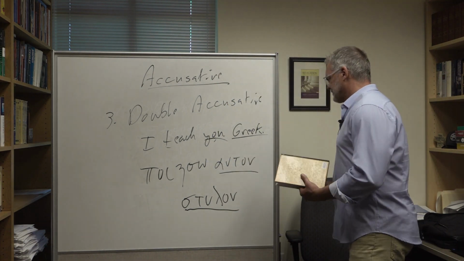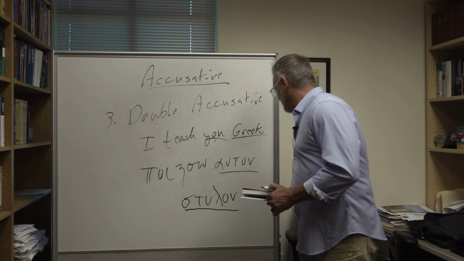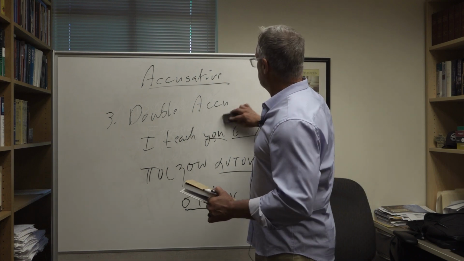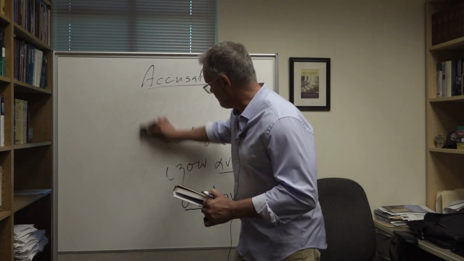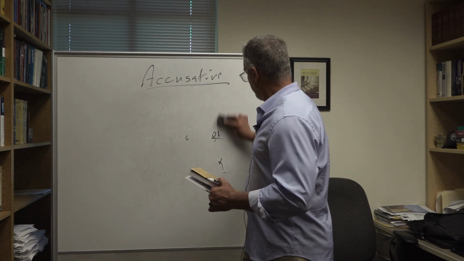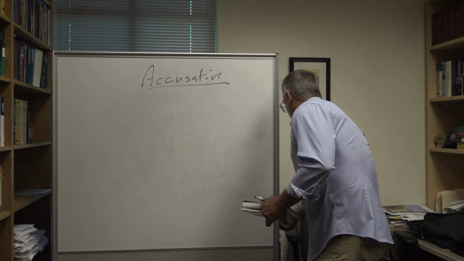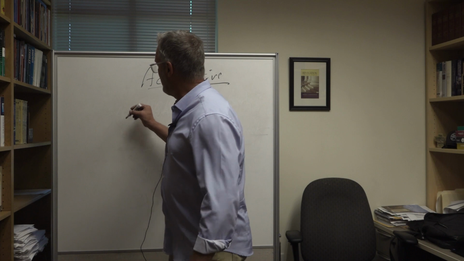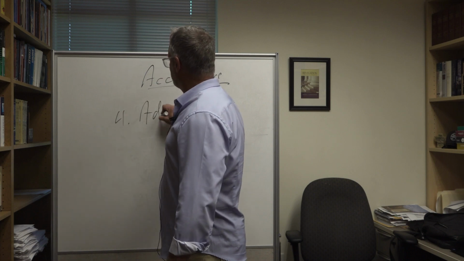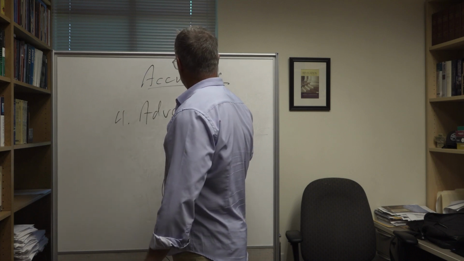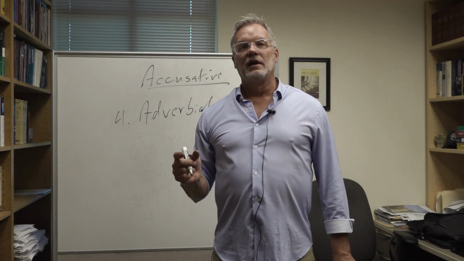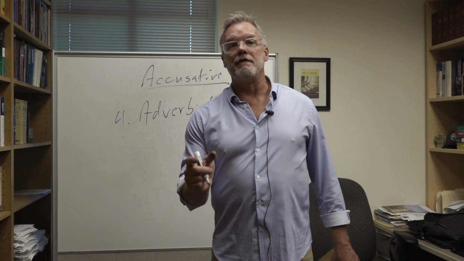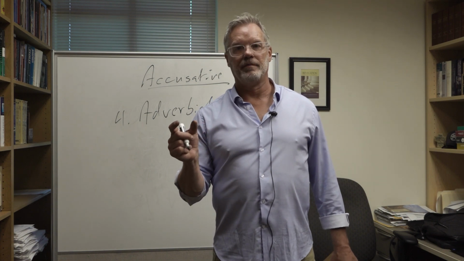The last function of the accusative case that I want to draw your attention to has a number of subsets in it, but it is what is known as the adverbial accusative. In this case, the noun in the accusative functions like an adverb.